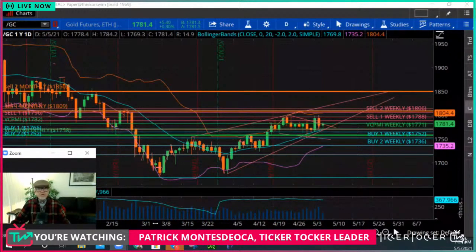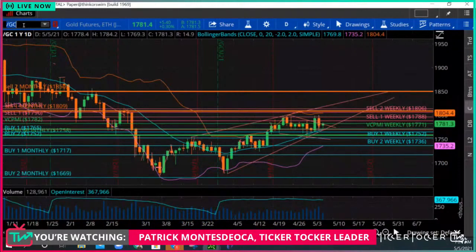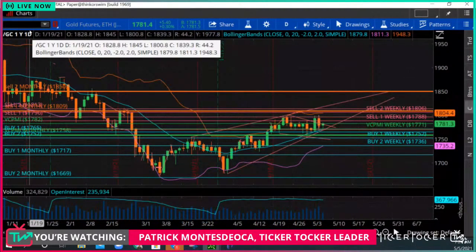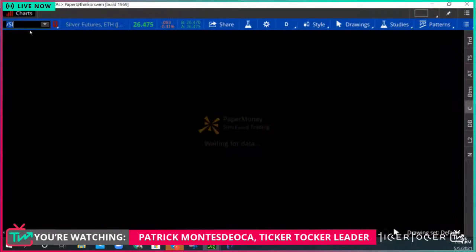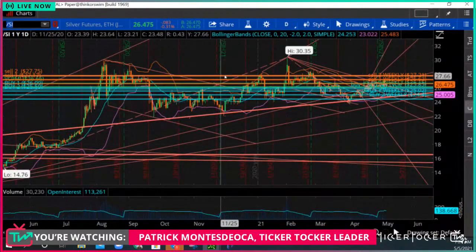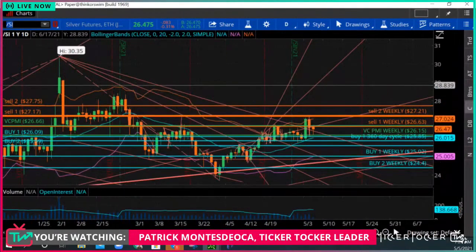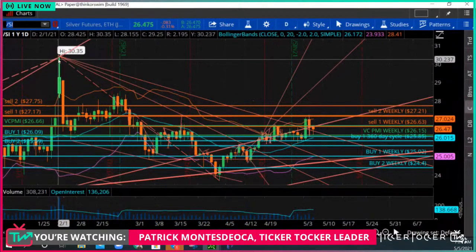But the impact was short-lived because the market moved ahead of itself, and we saw silver reach $30, 30 and some change, $30.35, and that was it.